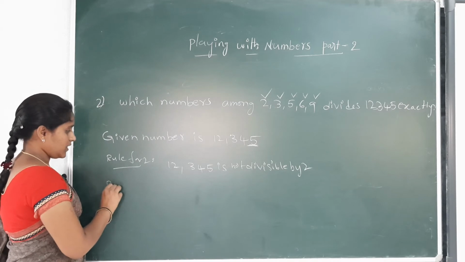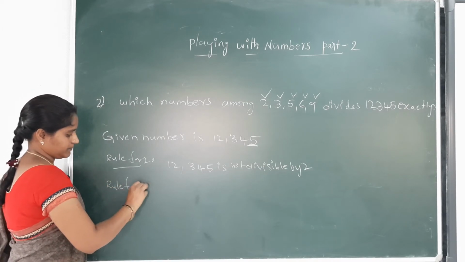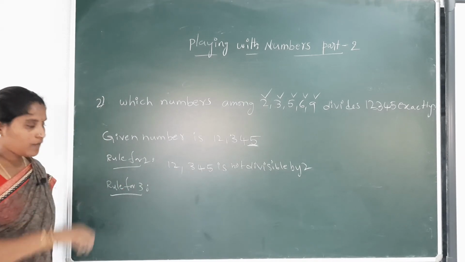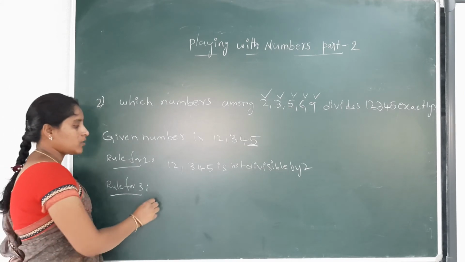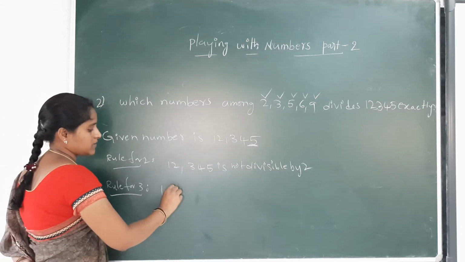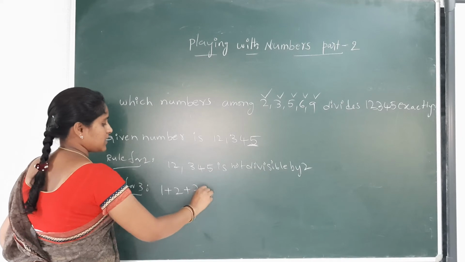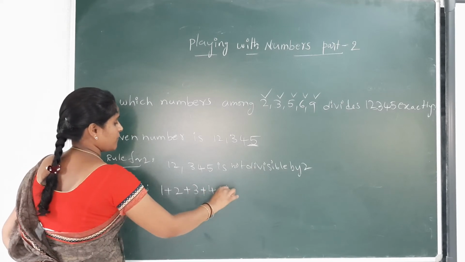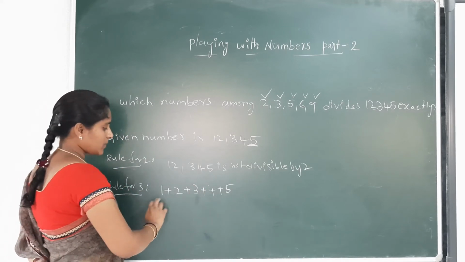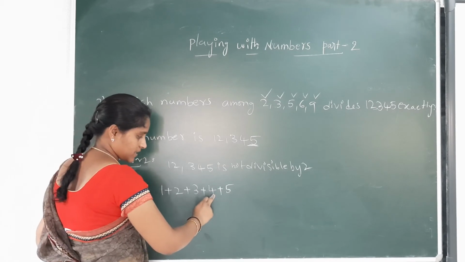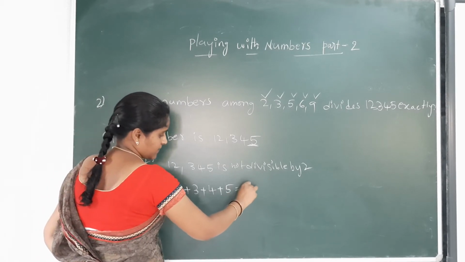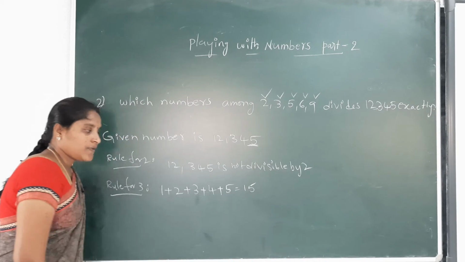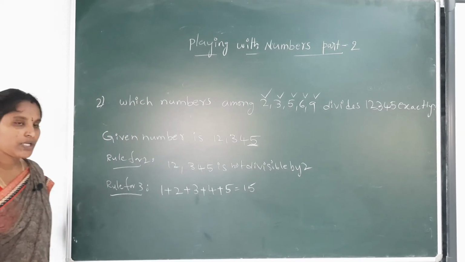Next, the rule for 3. What is the rule for 3? We add the sum of all the digits: 1 plus 2 is 3, 3 plus 3 is 6, 6 plus 4 is 10, 10 plus 5 is 15. Is 15 divisible by 3? Yes, 15 is divisible by 3.